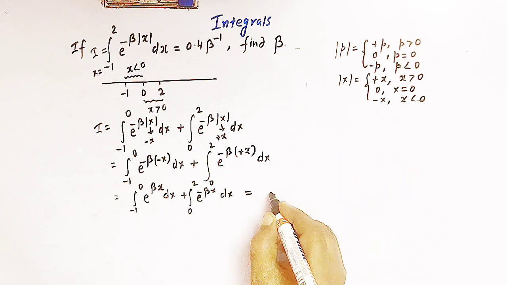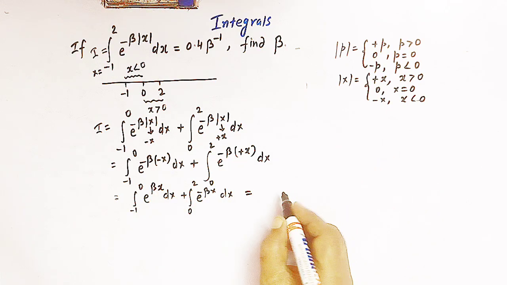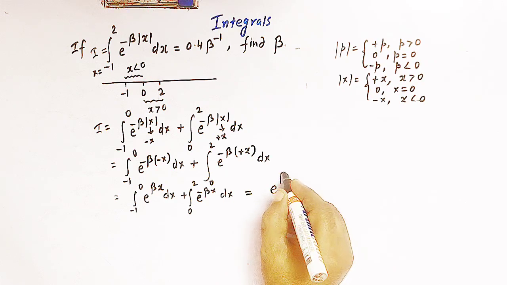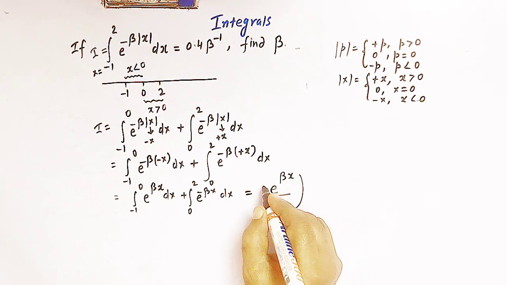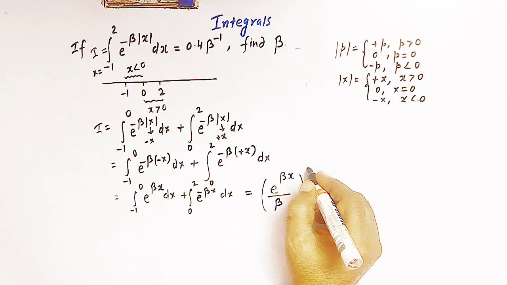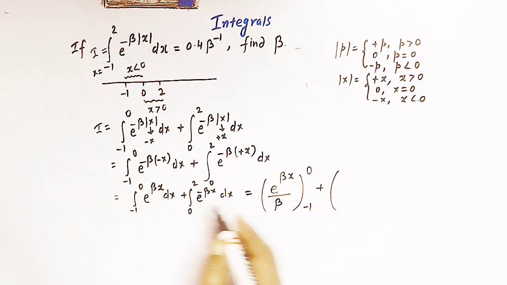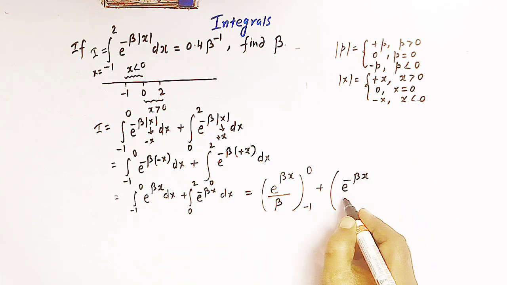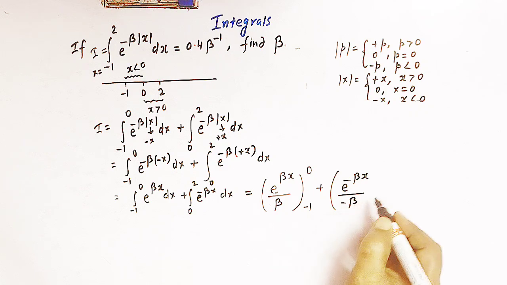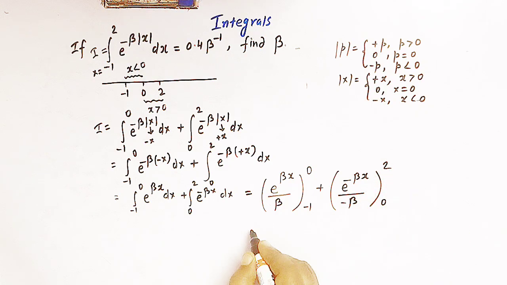The integral of e raised to beta x is e raised to beta x divided by beta, with limits from minus 1 to 0, and the integral of e raised to minus beta x is e raised to minus beta x over minus beta, with limits from 0 to 2.